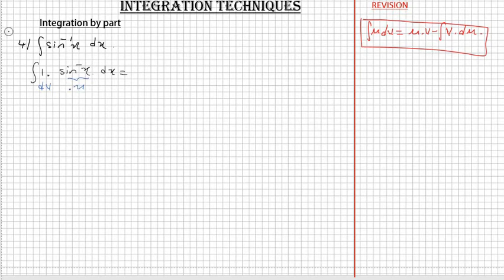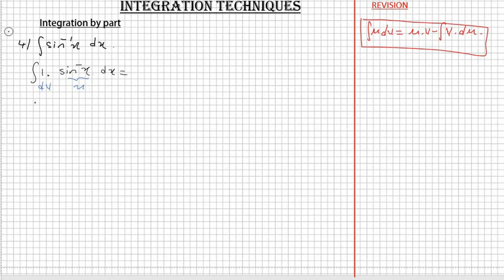The reason why I don't call this u is that as I proceed I will have to differentiate it, which would give me 0, but when I integrate this I won't get 0.